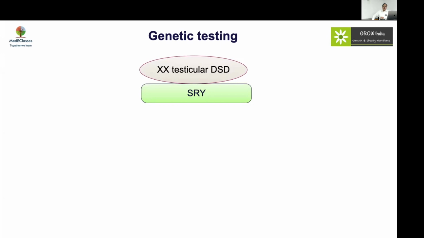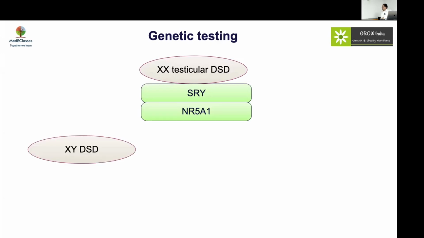If you have a XX male, so to speak, the first thing you will do is SRY, because 90% of them will have SRY. Then you will do NR5A1. If you have a XY DSD, that's a very complicated situation. I've talked about that table, which looks simple, but often there could be confusion. So in XY DSD, we are now moving from a biochemical diagnosis to a genetic diagnosis.